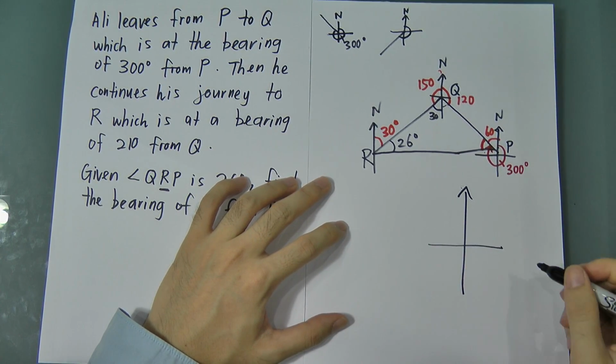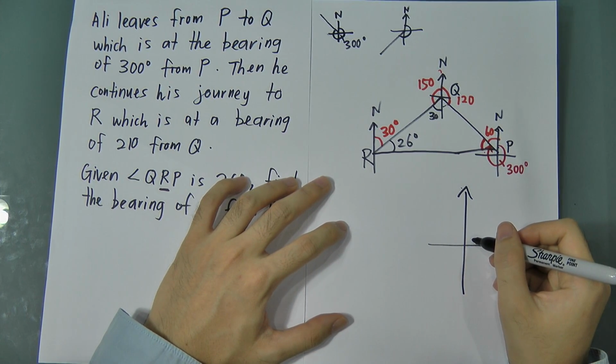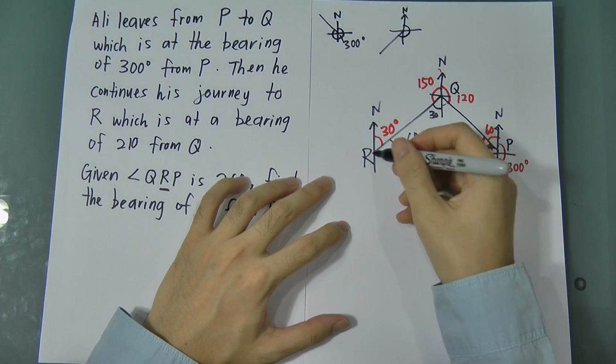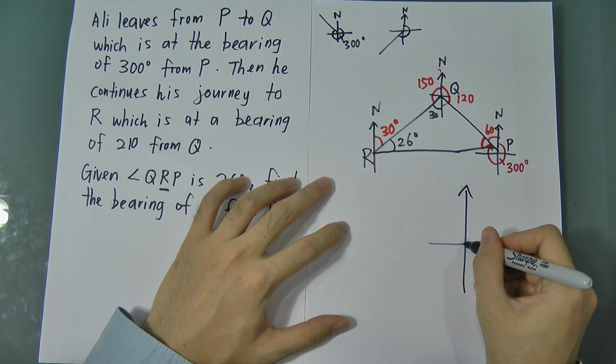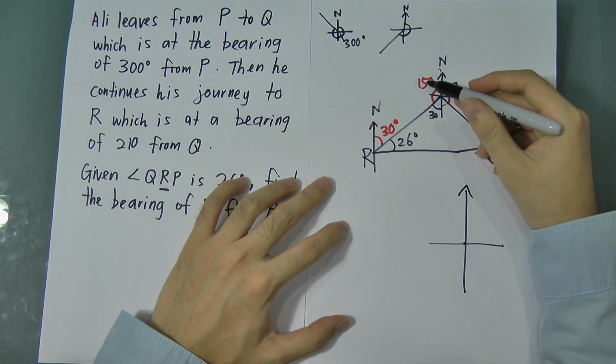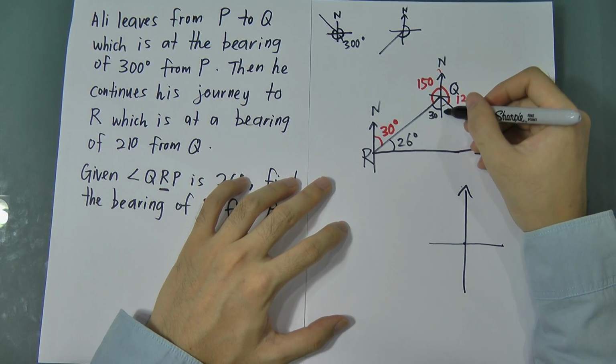This is north. And then you will have here, maybe this is 60. Actually R is somewhere over here, I'm just not so sure. Let me find this angle first. This is 150. This is 120, 270. So the total here will be 90.